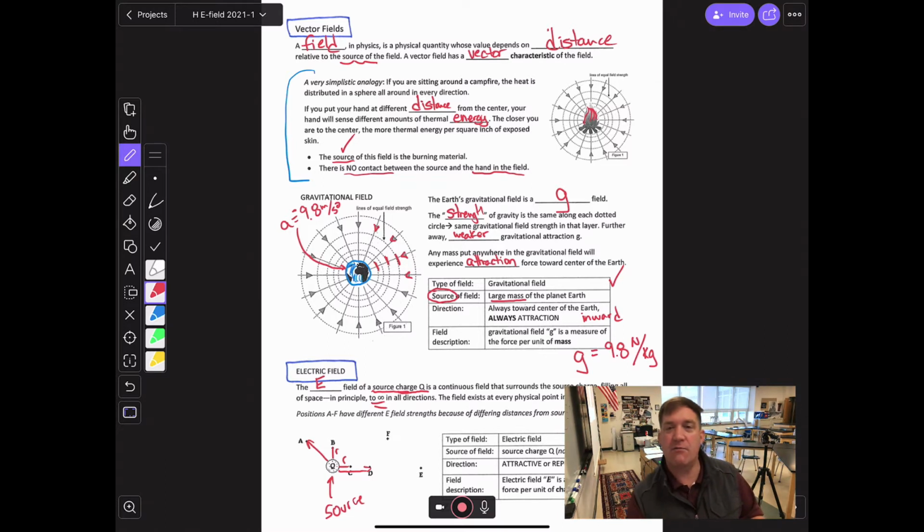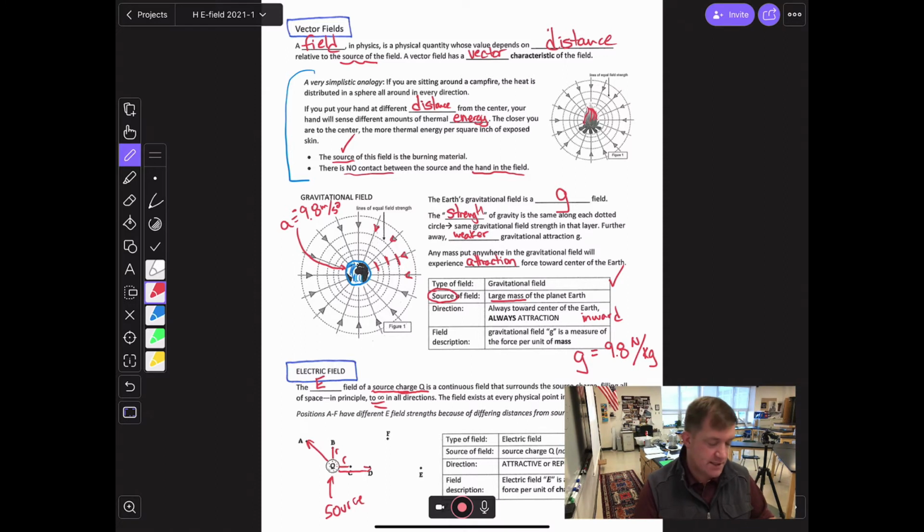So maybe it's not that every single position has a different field strength, but there are several that are similar to each other. I'd say F and E are out there by themselves. F is a certain distance away, and E is clearly the farthest. So the farther away you go, the weaker the field gets, okay?